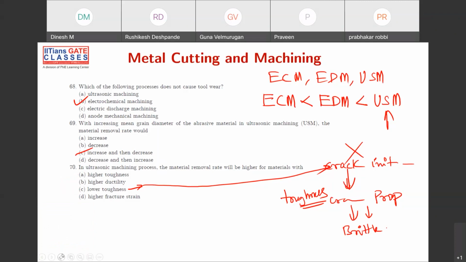Yes, the answer is C. The abrasive is hitting the material, and for creating the crack, your toughness should be low. If it has high toughness, it just takes whatever you hit it with. No crack, so how will your material be removed? It won't, right? That is how you have to think.